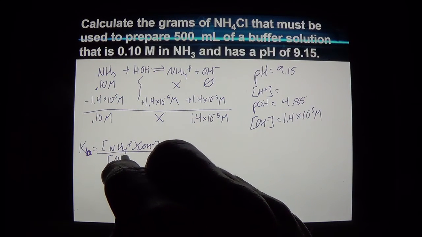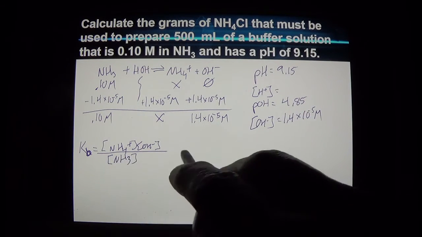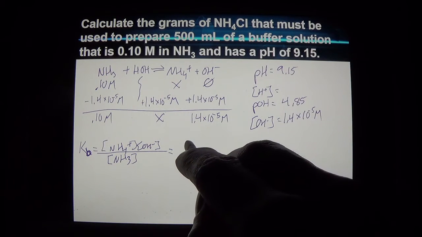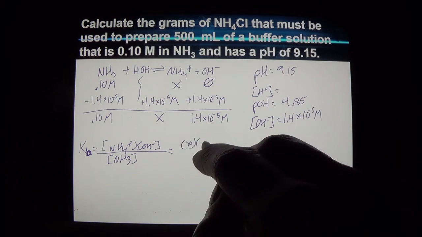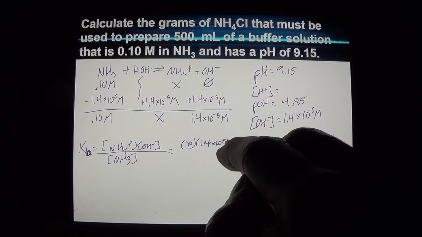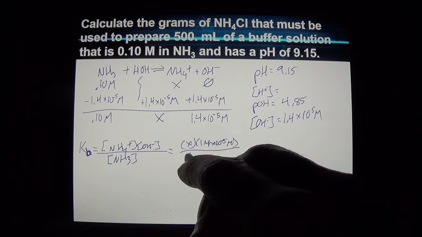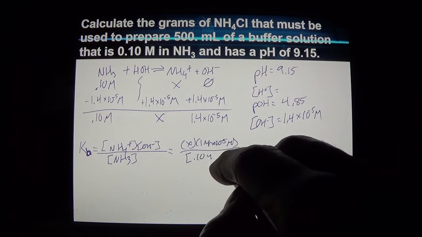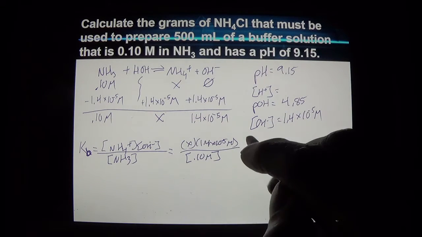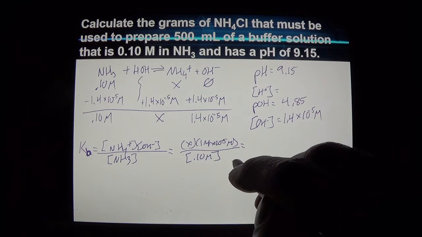Okay, so moving on. I've got to pick up the pace a little here, so I'm going to plug in my numbers, x and 1.4 times 10 to the minus 5 molarity, and divide it by 0.10 molarity, and that is equal to Kb. Okay, I need a Kb.